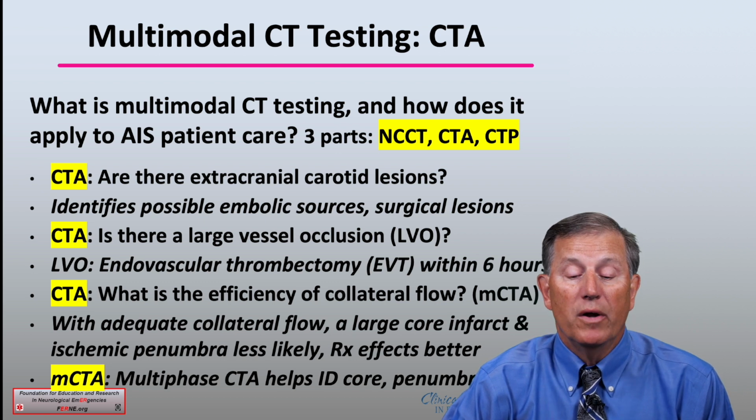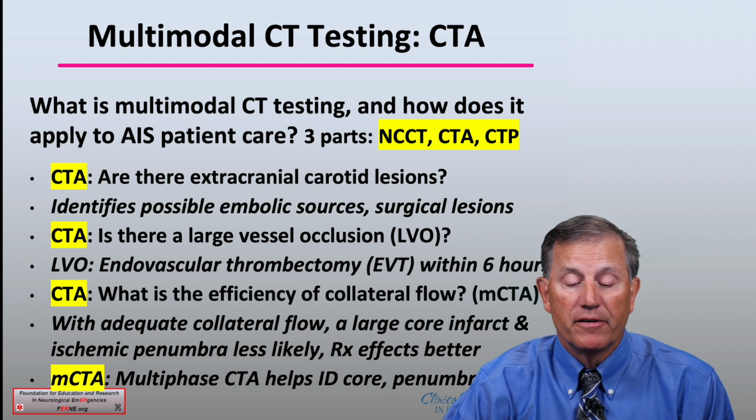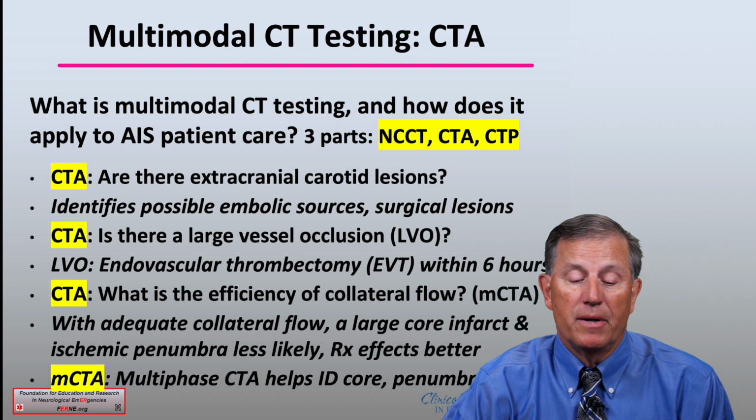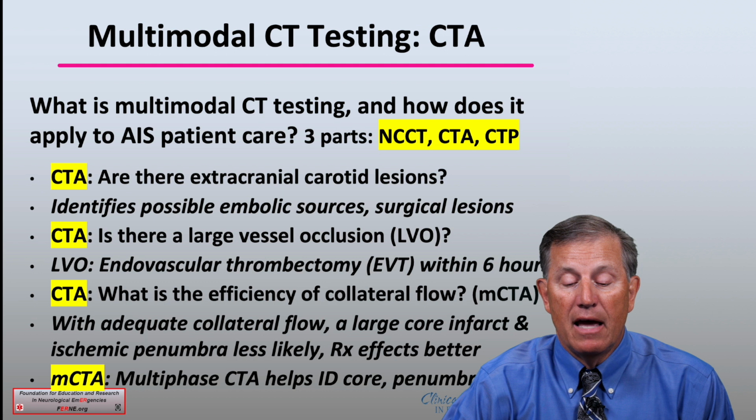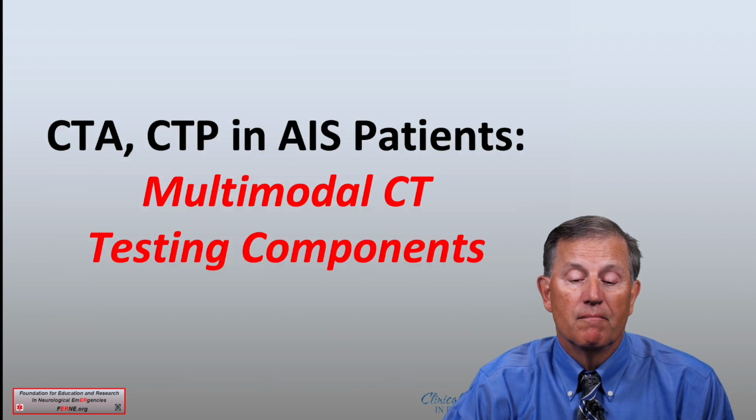In other words, with adequate collateral flow, a large core infarct is less likely, and an ischemic penumbra is more likely to benefit from acute therapies. Lastly, multiphase CTA helps to identify which is the core infarct and which is the ischemic penumbra, which will benefit the most from our acute therapies.